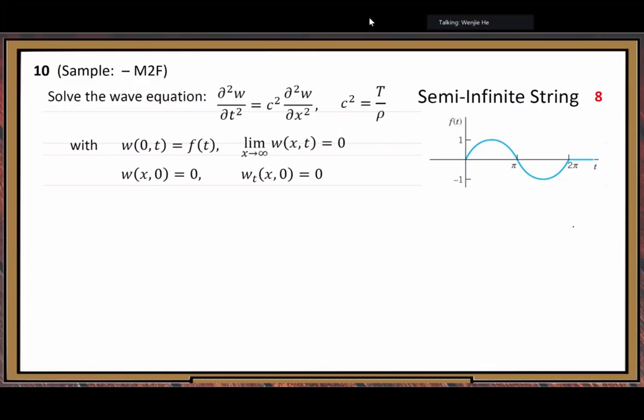Because in our textbook, that question belongs to the Fourier series topic, not Laplace transform topic. But we haven't learned Fourier series, so we cannot use Fourier series to solve that problem.